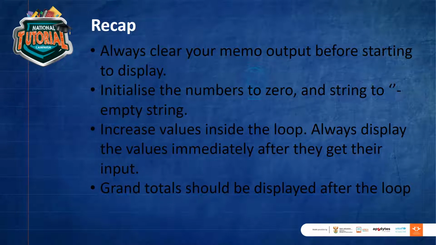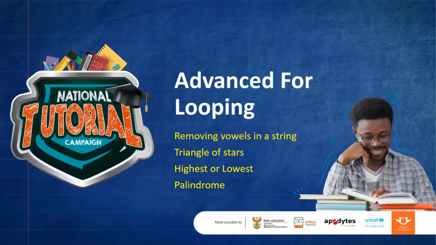And today we're going to be looking at advanced looping, advanced for looping. We'll look at a few examples of how you can do looping by removing vowels in a string, and also designing a triangle that has a base of 5 stars.